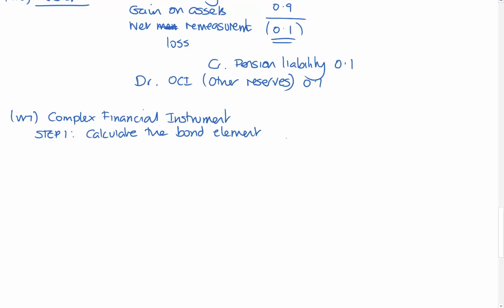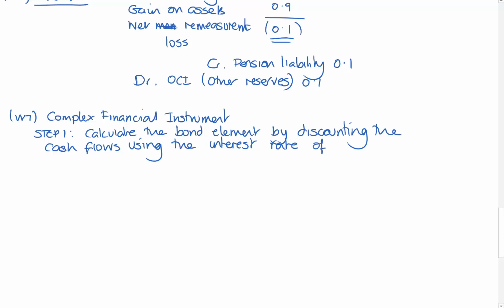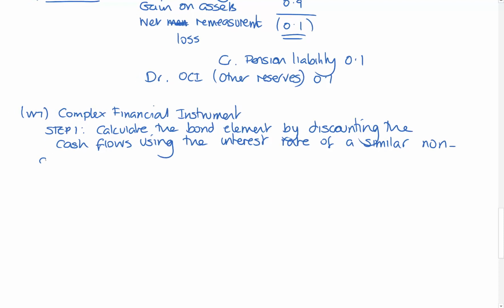We calculate the bond element by discounting the cash flows using the interest rate of a similar non-convertible bond.